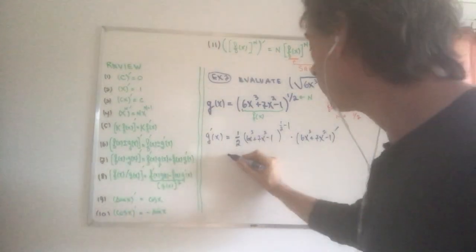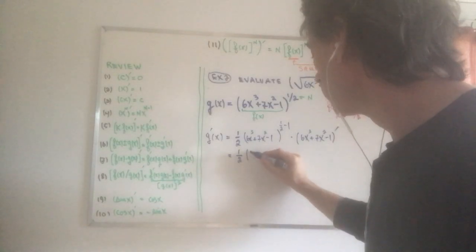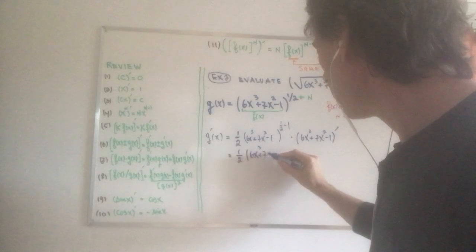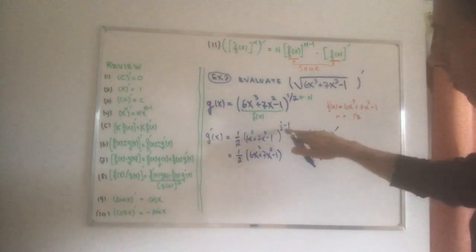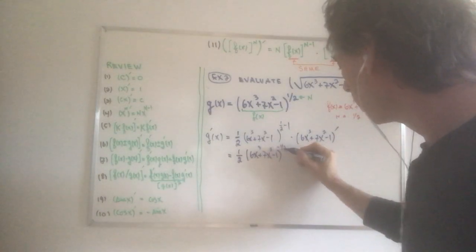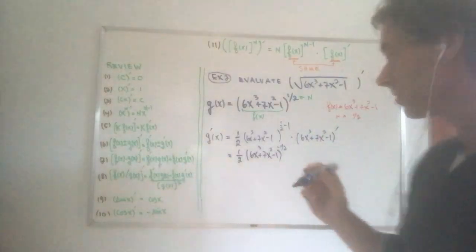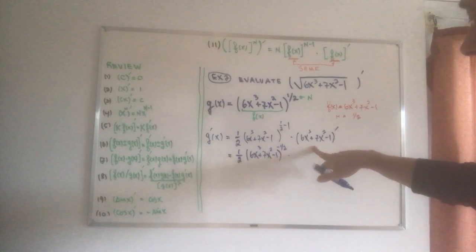So we have, this is not finished, 1/2 times 6x^3 plus 7x squared minus 1. What's my power now? 1/2 minus 1, that's minus 1/2. Uh-oh, negative power. We're going to have to deal with this before the problem is over. Times, what rule should I use for this?